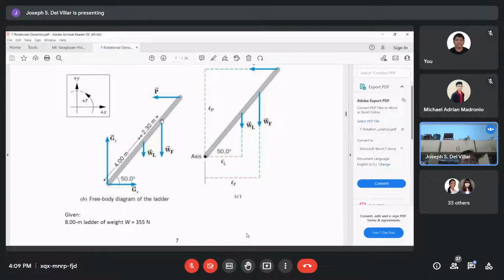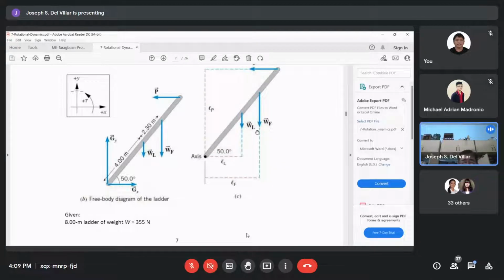Ito, nakita niyo naman to, di ba? So what is that length? 4 plus 2.3, that is the 6.3. The angle remains the same, 50 degrees. So therefore, L sub F is equal to what? 6.3 cosine of 50. Okay? 6.3 cosine 50. Any questions so far?